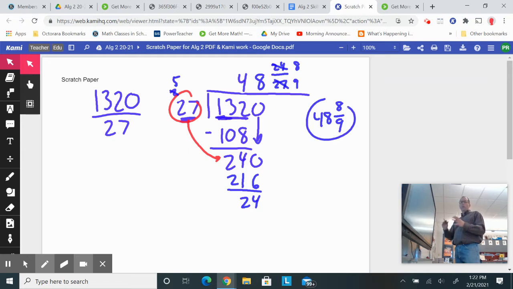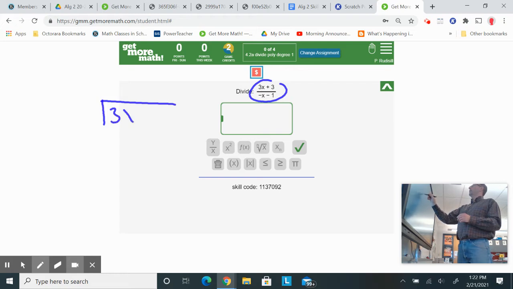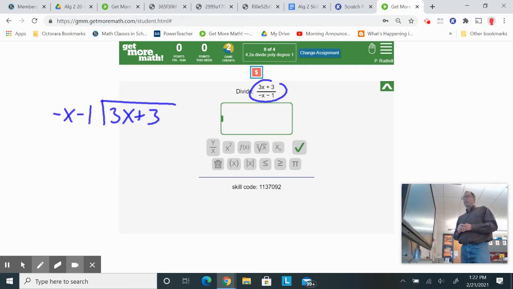So a quick review of long division. Let's go back to our Get More Math problem. So we have this problem here. We're going to take the numerator, which is 3x plus 3. We're dividing it by this polynomial, the opposite of x minus 1. And we're going to take a look at this.